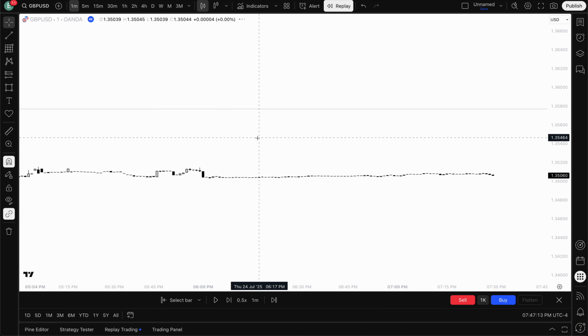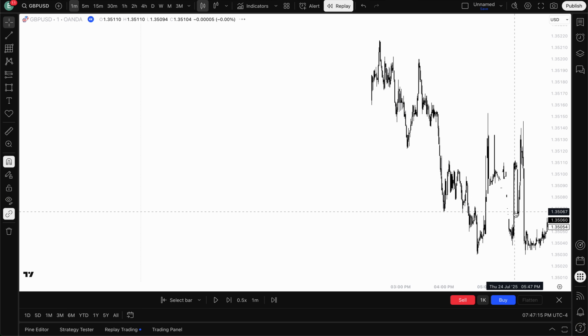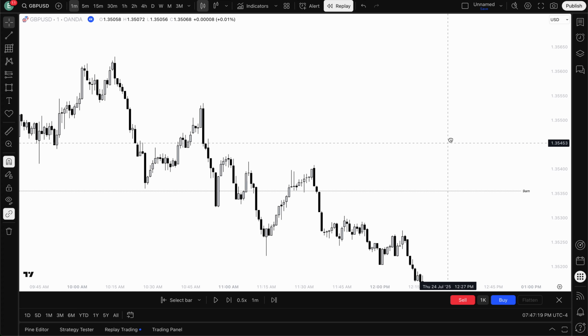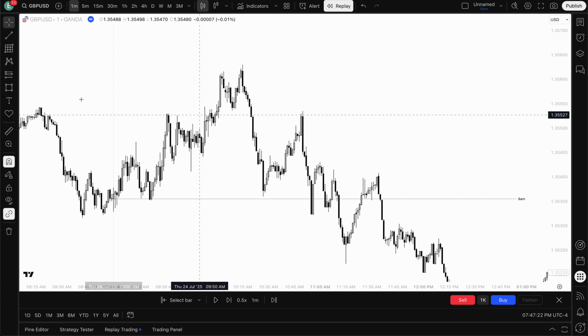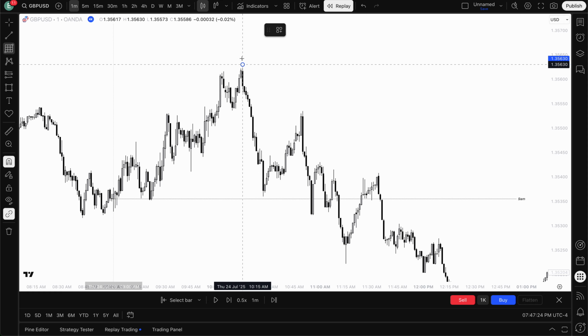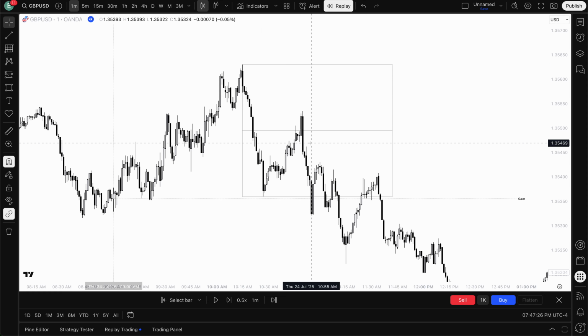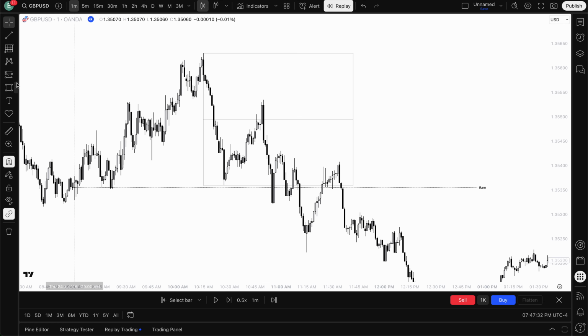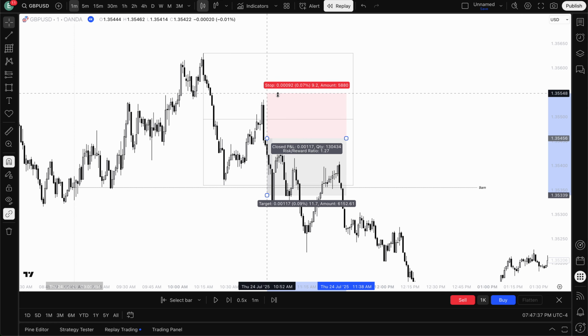If this was a 1 minute chart, it'd be the same thing. ICT traders see a market structure shift into discount, displacement, take your short right here, stop loss above the high.